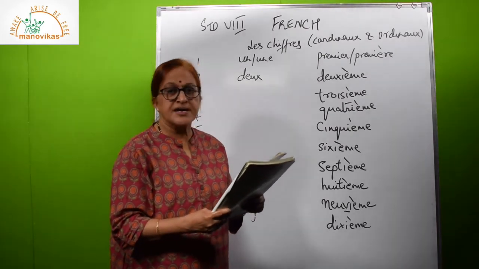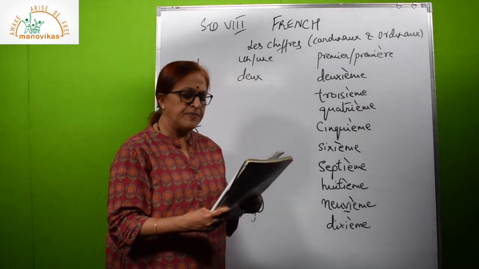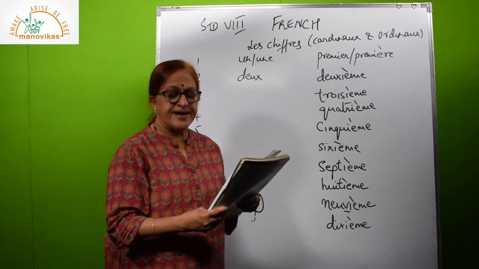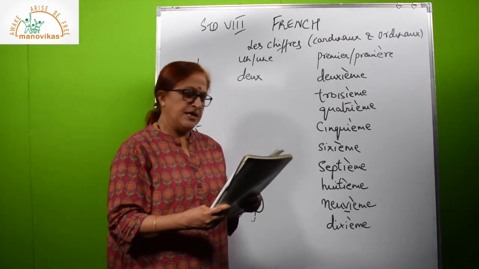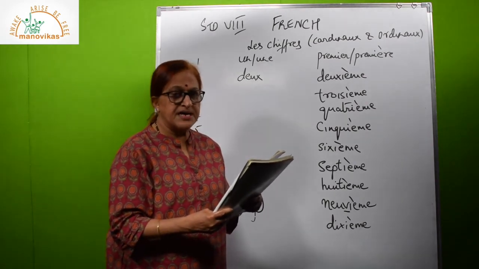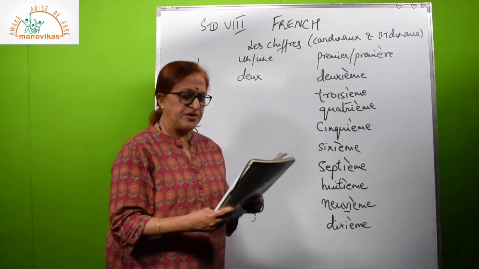So, this is called agreement. I think I had spoken of this before in my earlier video. Your noun and your adjective have to go hand in hand. If your noun is masculine, adjective is masculine. If your noun is feminine, adjective becomes feminine. You can make it feminine by adding an E. That is the primary rule.